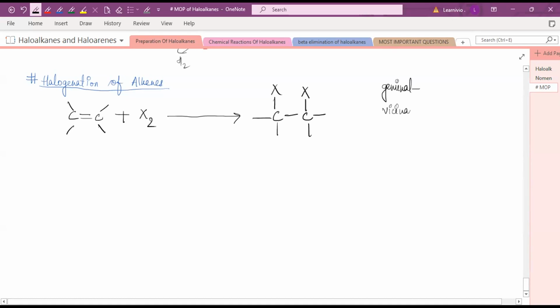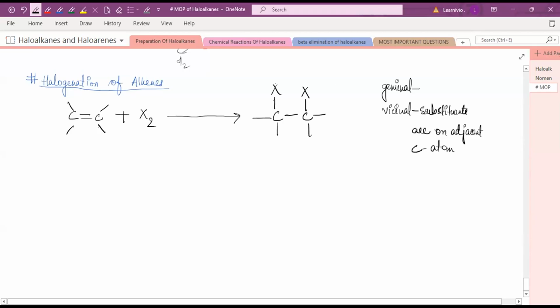So these are two words we use. For vicinal, the substituents are on adjacent carbon atoms, meaning the neighbors.